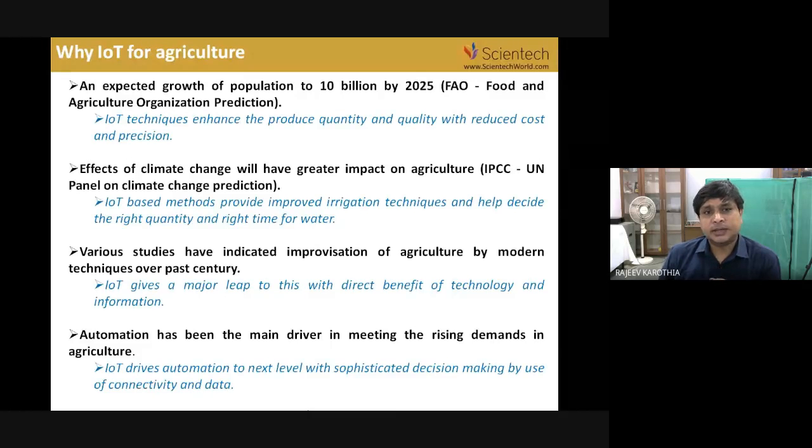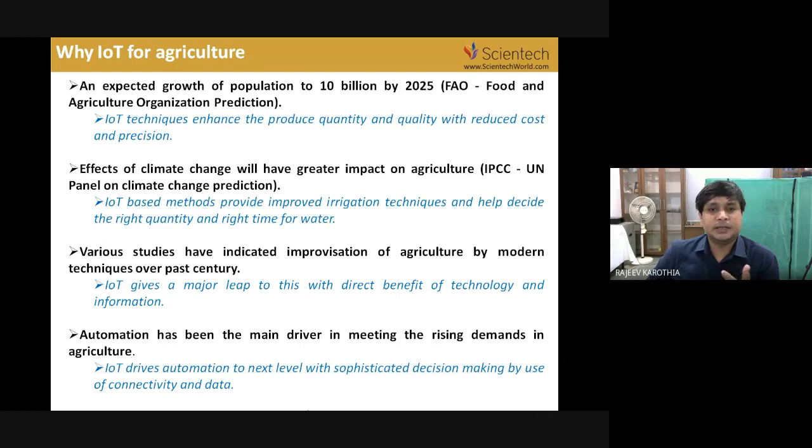With IoT techniques, we can enhance the productivity, and we can enhance the quality of the food. So that can create an impact on agriculture. The second point is that the effect of climate change will have a greater impact on agriculture. Again, that is an important aspect. So how can IoT give you the benefit of preventing this climate change?